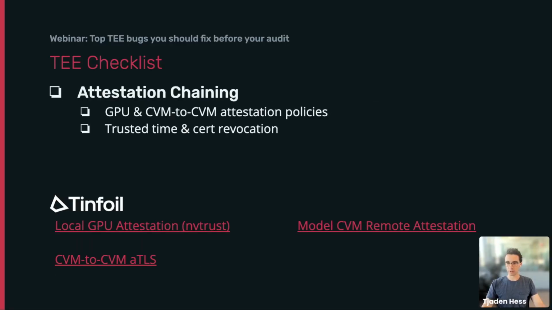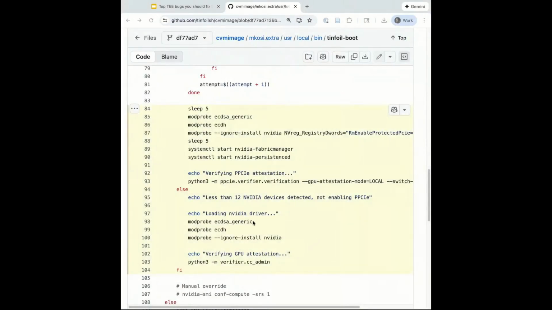So yeah, the other component of the CVM measurement itself is you need some way of attesting devices like GPUs, which are going to receive confidential data. When you're doing inference, you have to actually send the tokenized prompts to the GPU. The way Tinfoil and most others do this is they use the NVIDIA NVTrust tools.